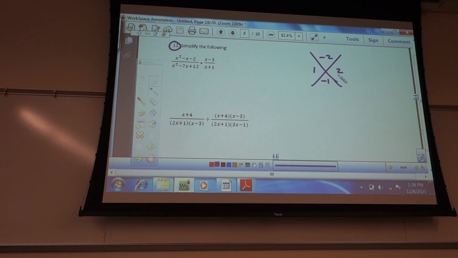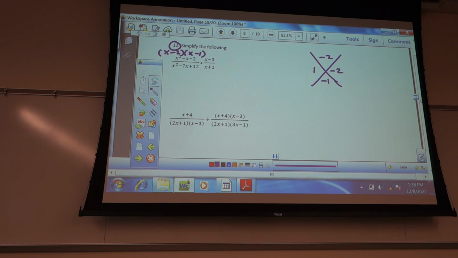Which one's negative? The 2. Does everyone remember why? Because it has to add to -1, so the negative one has to be larger. So this part becomes x minus 2 times x plus 1.